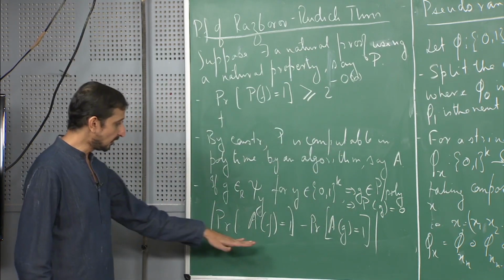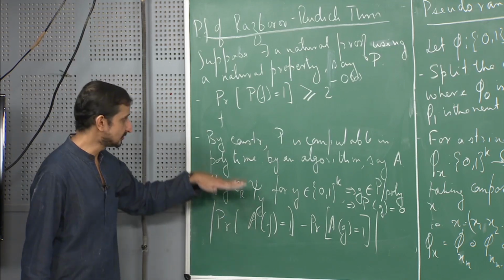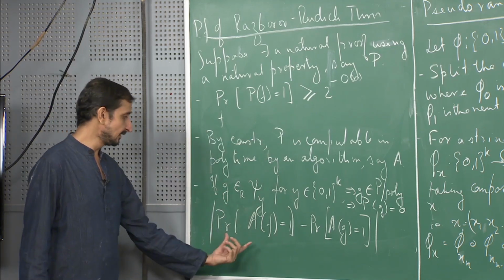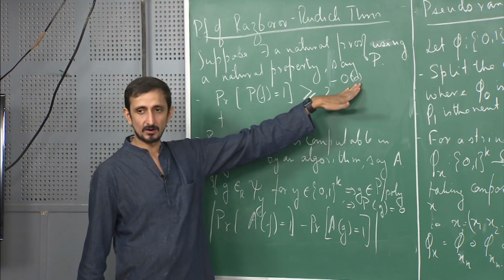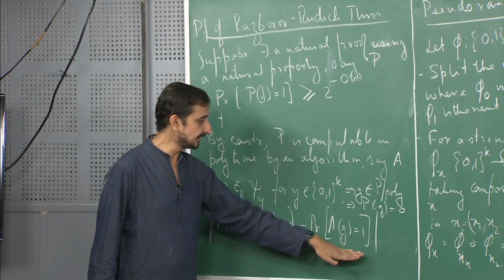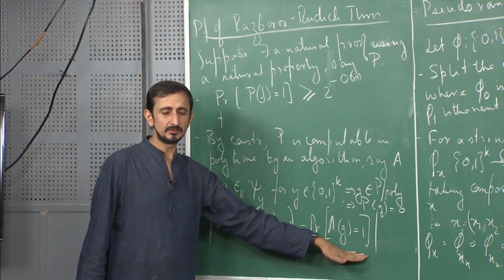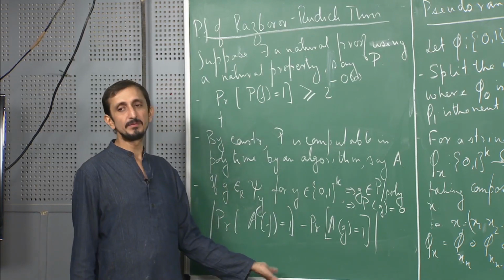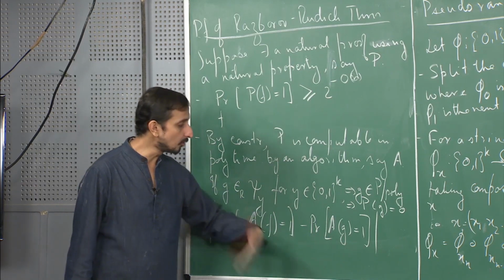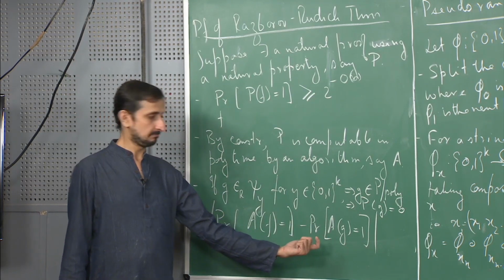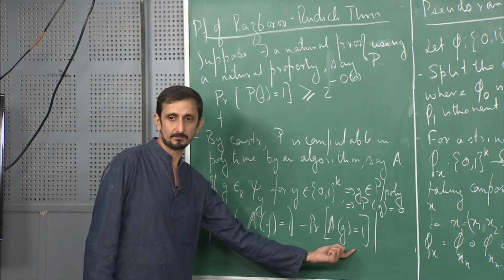So this algorithm that we have now is actually able to determine this property. So probability A of f is equal to 1 is greater than or equal to 2 to the power order n. What is the probability that A of G is equal to 0? So this will always be 0, because this algorithm will always output 0 on this function G, right?